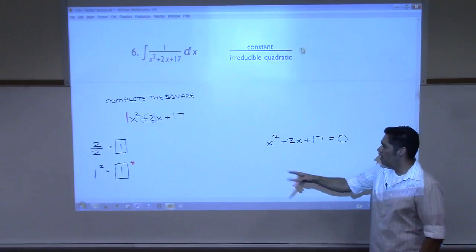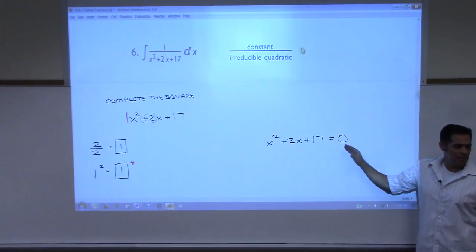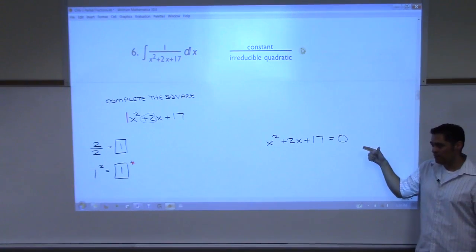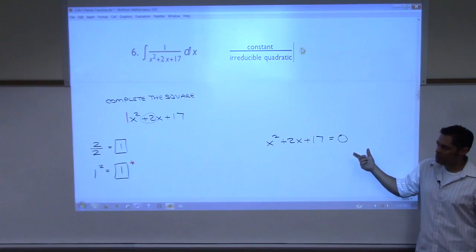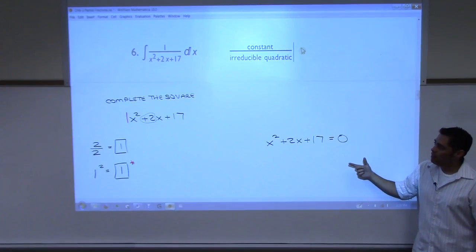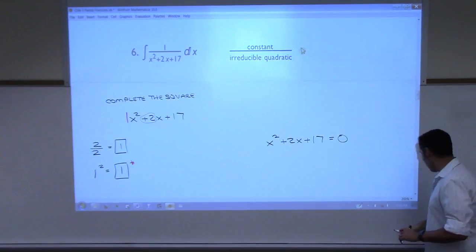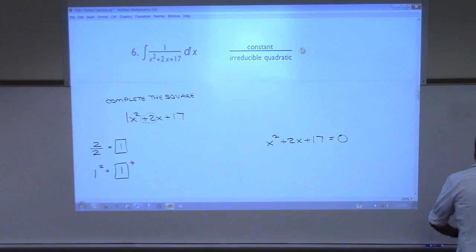You would get that 1 and add it to both sides of the equation. But that's because your goal was to solve an equation. Here our goal is not to solve an equation. But can we still complete the square? The answer is yes, but since we don't have an equation, we are not going to create one. That would be very bad.